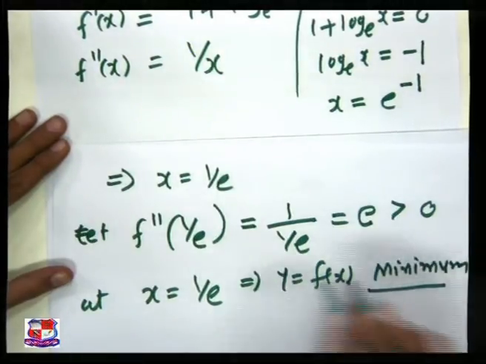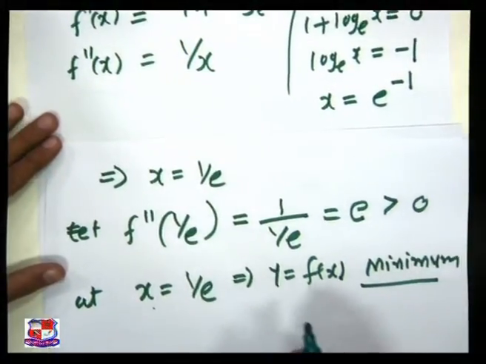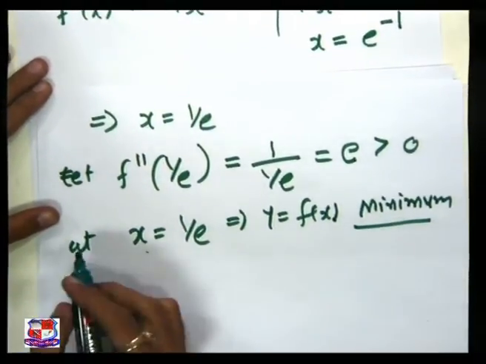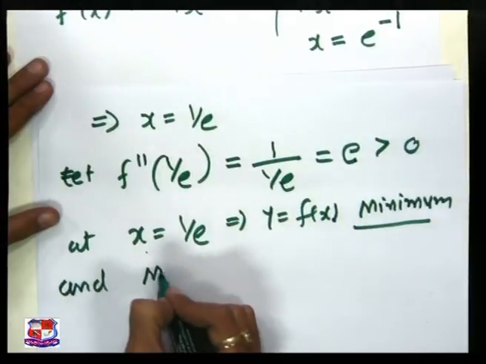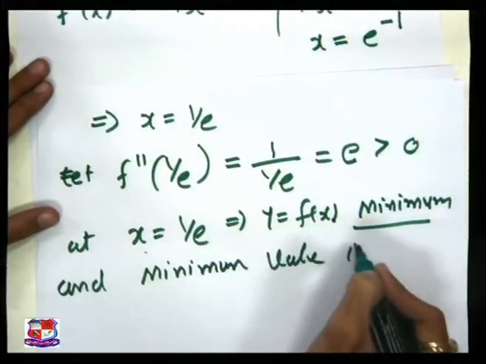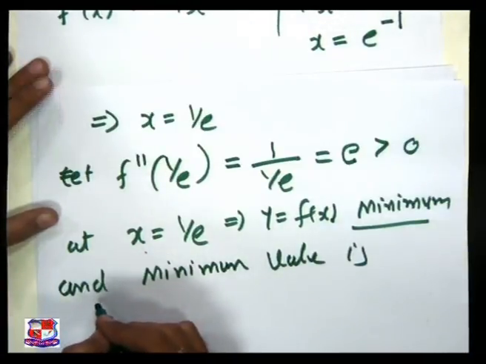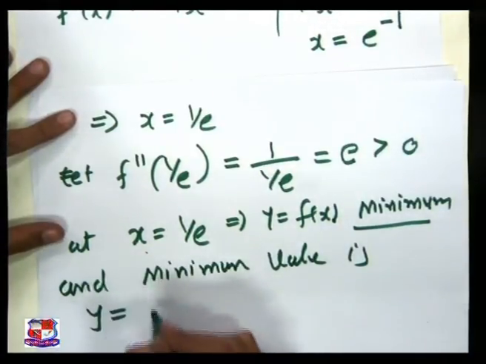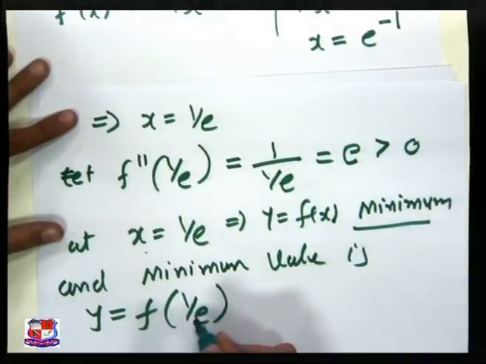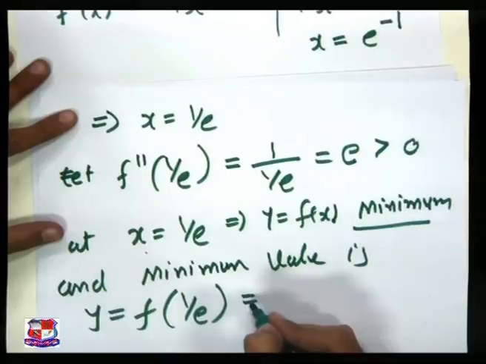Okay, so at x equal to 1 upon e, y is minimum, and the minimum value is y equal to f of 1 by e, and f of x is equal to x log x.